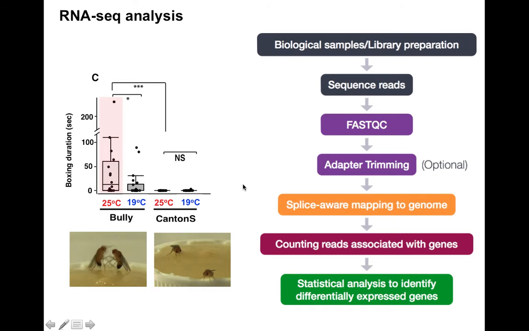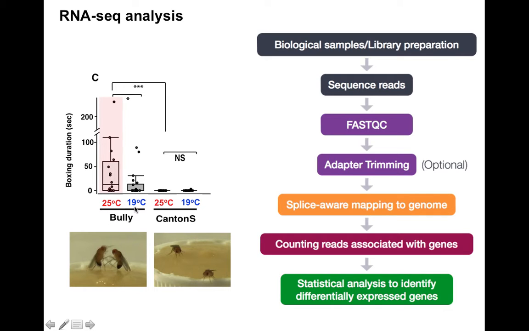To identify the genetic basis of this behavioral difference, we used RNA sequencing to look at the transcriptome in these flies. We compared 4 different samples: wild-type males raised at 19 degrees Celsius or 25 degrees Celsius, versus bully, the hyper-aggressive line, raised at 25 degrees Celsius and 19 degrees Celsius.